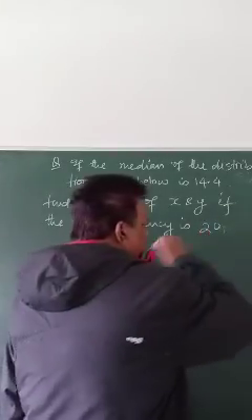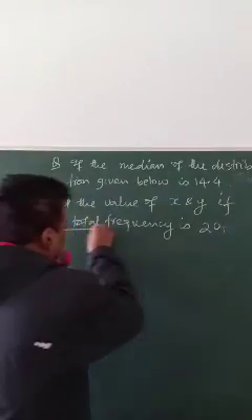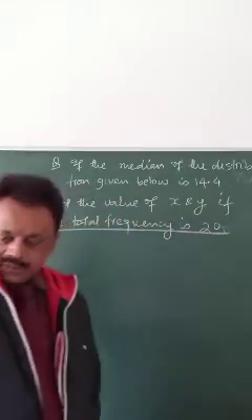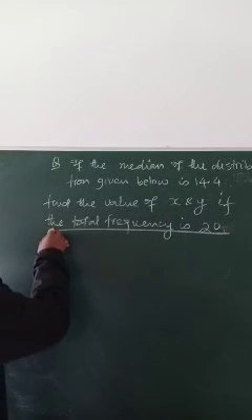Look at the previous question, the median class was given. Now the total frequency is given. So we can do this question also. This is given. Table you can make.